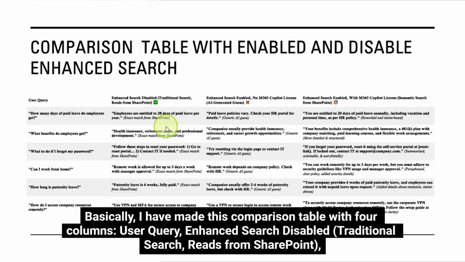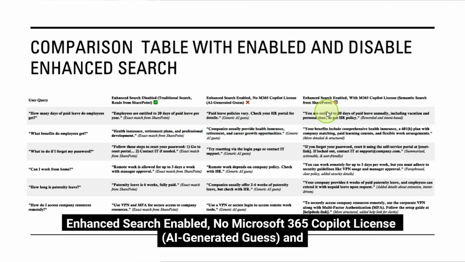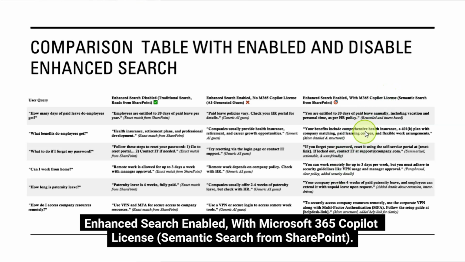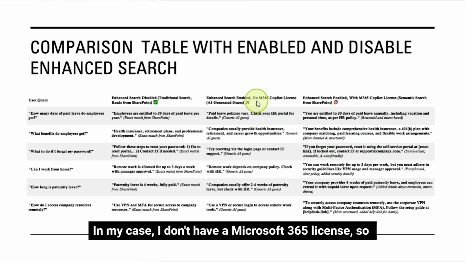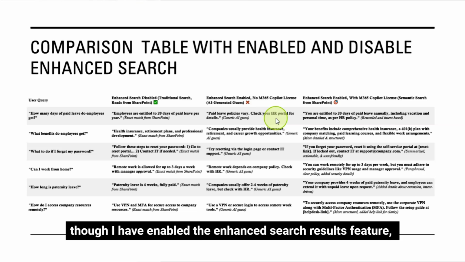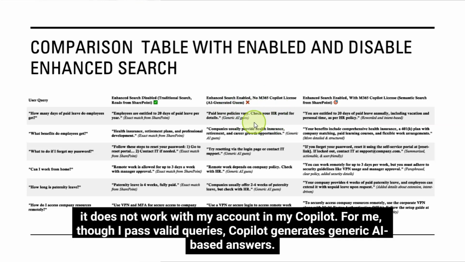Enhanced search enabled, no Microsoft 365 Copilot license, AI-generated guess, and enhanced search enabled, with Microsoft 365 Copilot license, semantic search from SharePoint. In my case, I don't have a Microsoft 365 license, so though I have enabled the enhanced search results feature, it does not work with my account in my Copilot.